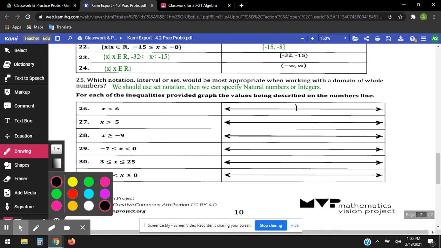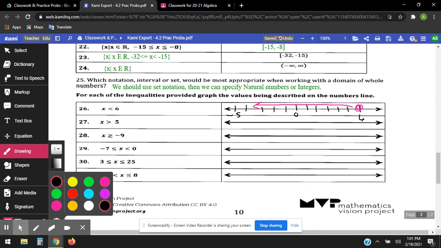Let's just make that 0. 1, 2, 3, 4, 5, 6. As long as I mark them. And then I want it less than, so I'm going to put a circle on 6 because that means it's not equal to, and I need to point it towards the negatives.